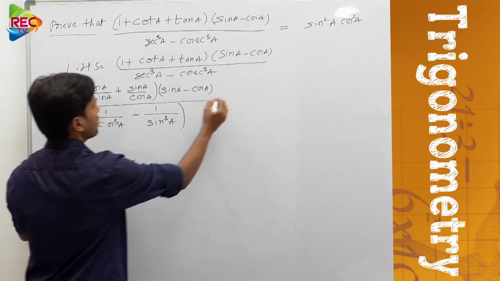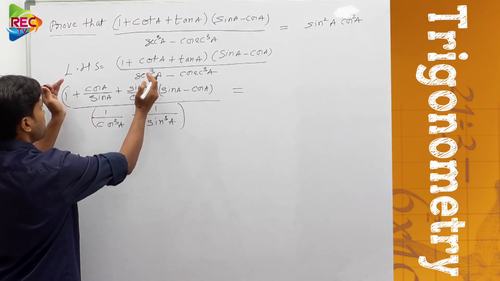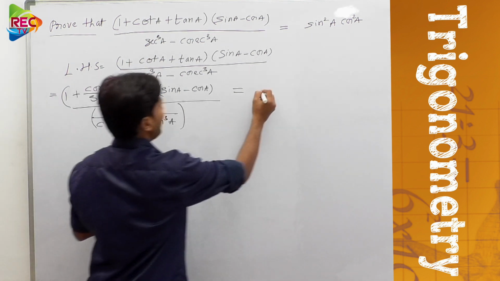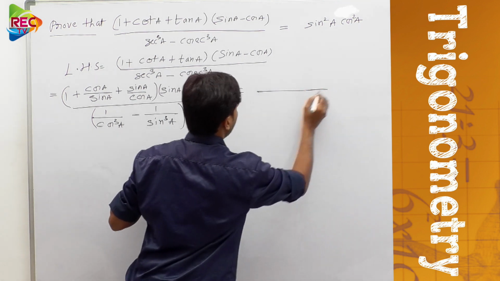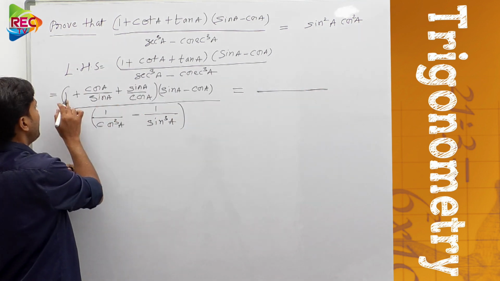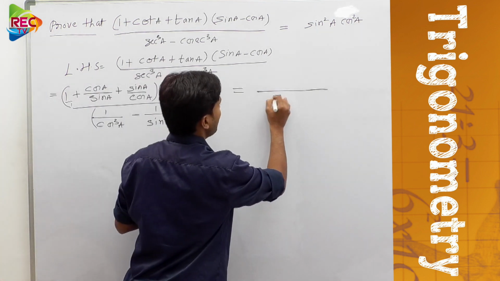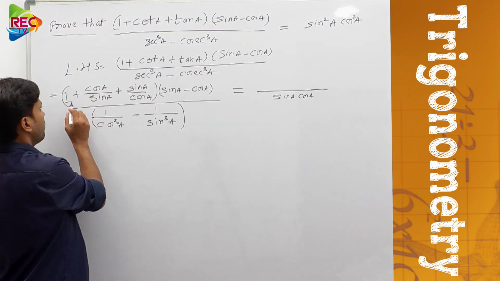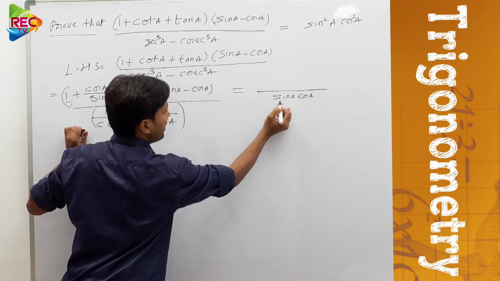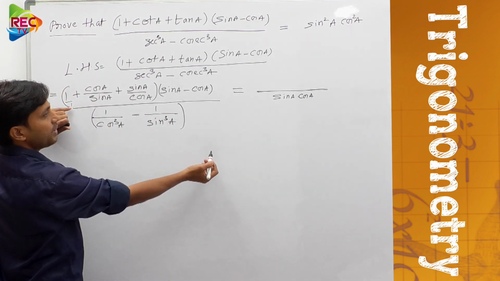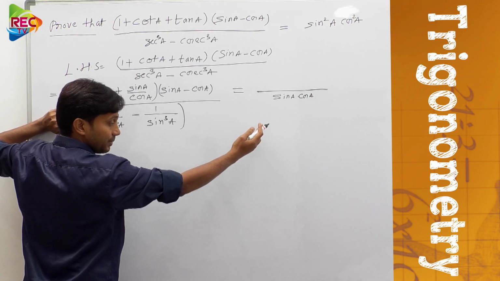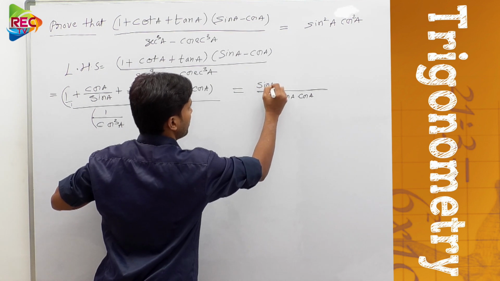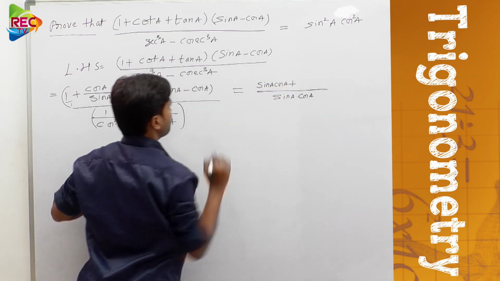Now, let us partly solve this. First of all, solve this first bracket. Take the LCM. Here sin A, here cos A, here 1. So sin A into cos A would be your LCM. Dividing sin A cos A by 1, the quotient is sin A cos A, multiplying with 1 we get sin A cos A, plus.